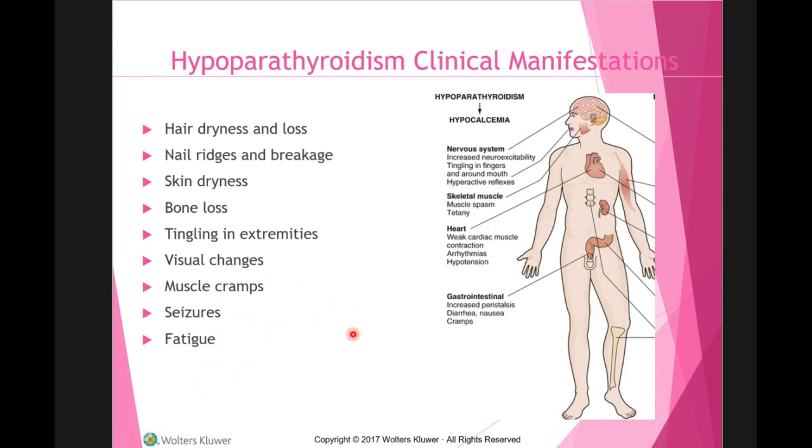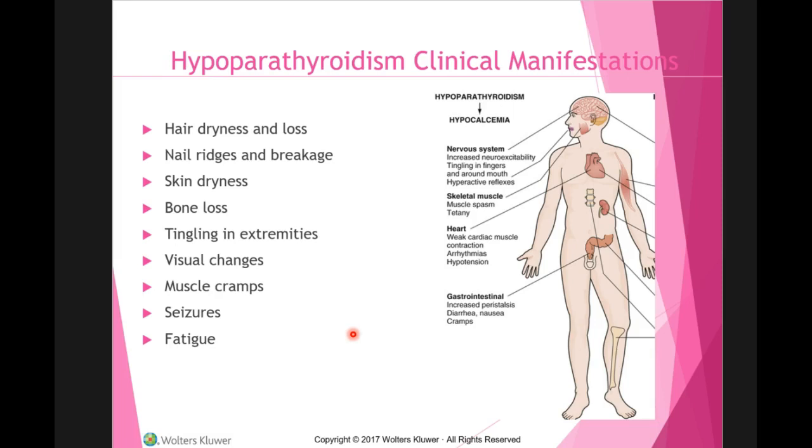Another thing that I wanted to mention: even though calcium has an effect on all muscle, the effects of hypocalcemia are more profound on the cardiac muscle. That's because skeletal muscles usually have enough calcium stored within them, so it doesn't weaken the muscle contractions.